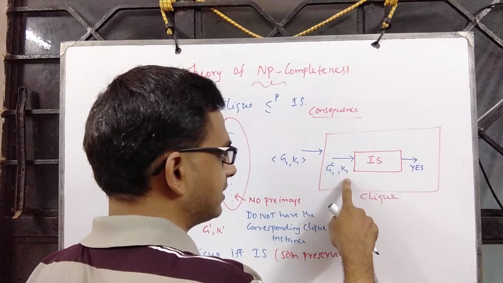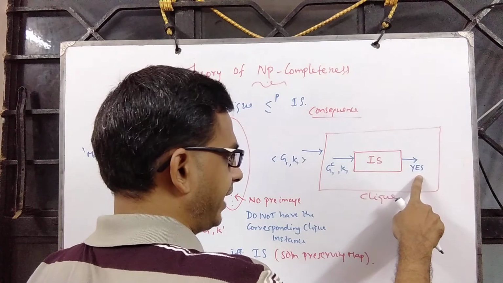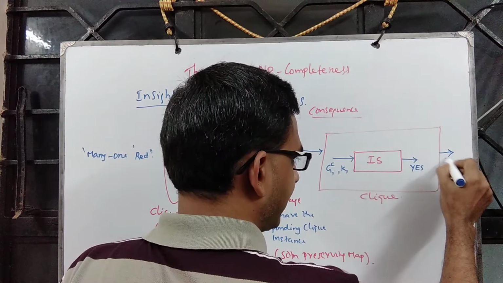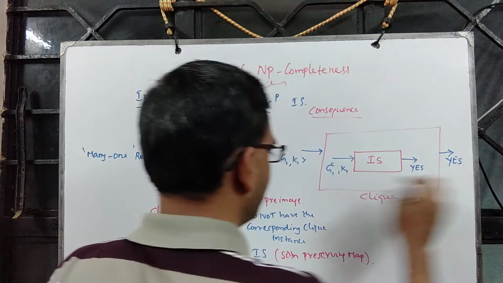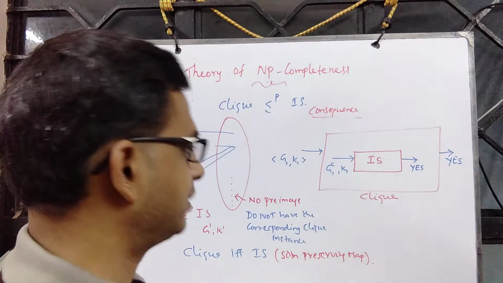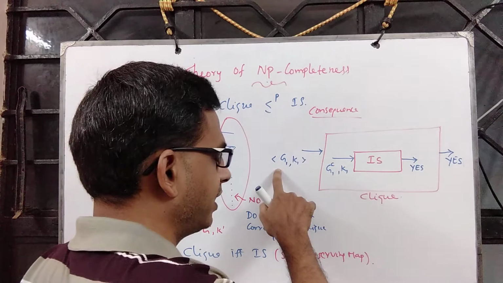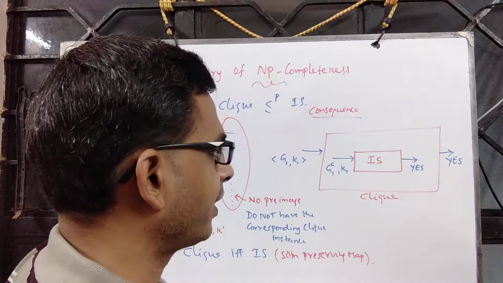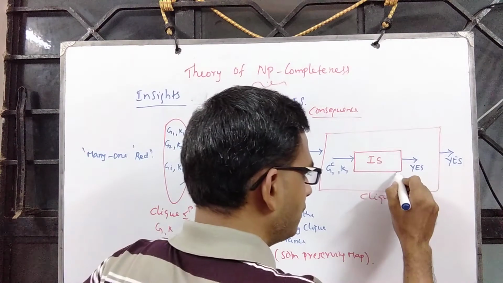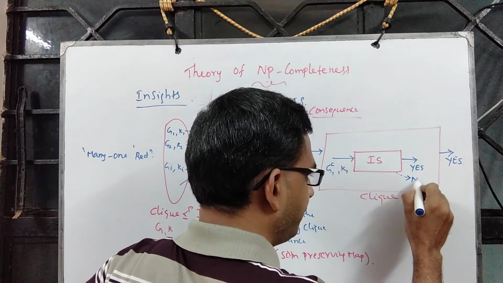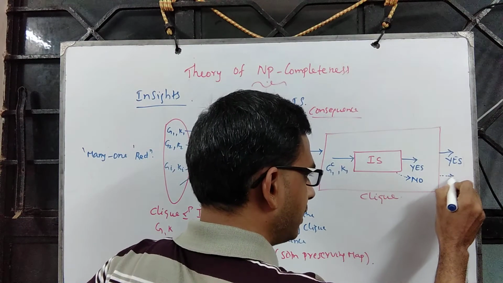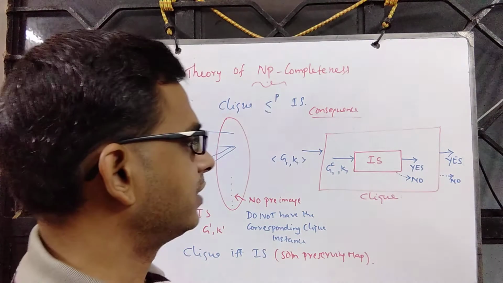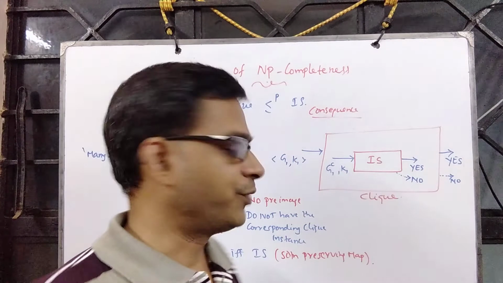It returns, say, yes. If it returns yes, you also say yes for the clique problem, which means in G1 there exists a clique of size k1. And if this says no, then we also return no for the clique problem. This is the general framework.